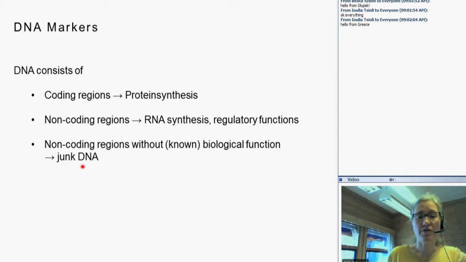They don't have a biological function, so they are not purged from the DNA. It's just that the DNA doesn't bother to get rid of it. But there's still a lot that we do not know about this so-called junk DNA. So there are many researchers who do not like the term junk DNA.